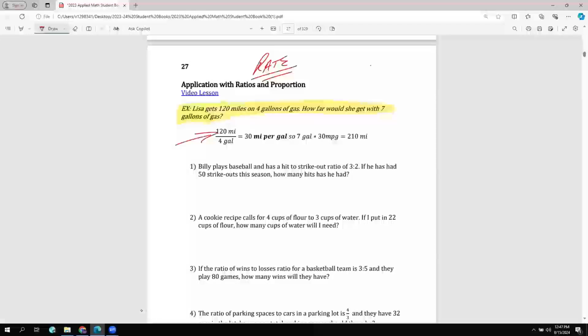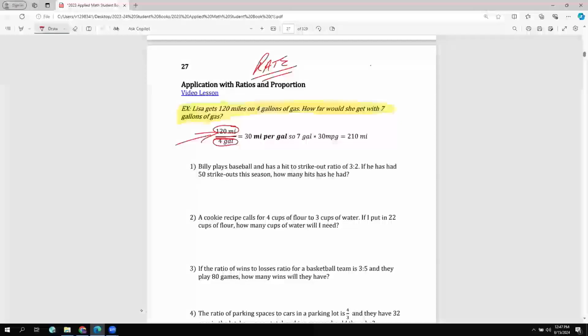Do you notice that they're taking the miles, the 120 miles, and dividing it by the 4 gallons? When you do division like this, with miles divided by gallons, there's a little bit of magic happening. Let me show you.